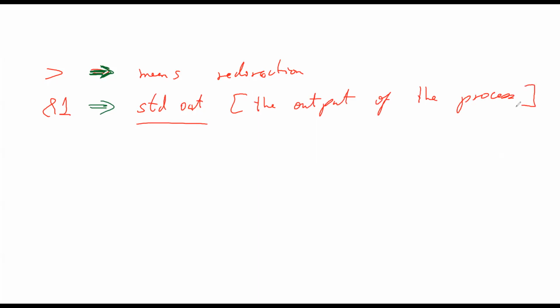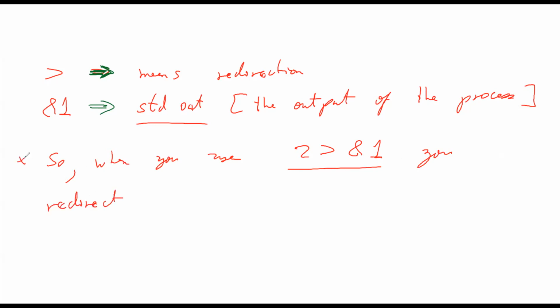All right. So then, in conclusion, when you use 2 greater than ampersand 1, that thing that you've seen me use, basically what you're saying is you redirect standard out and standard error to somewhere.